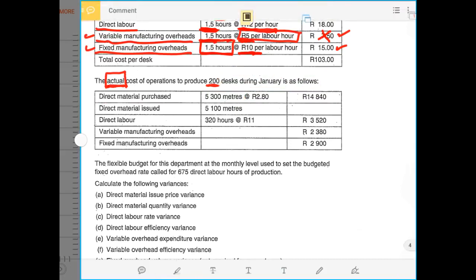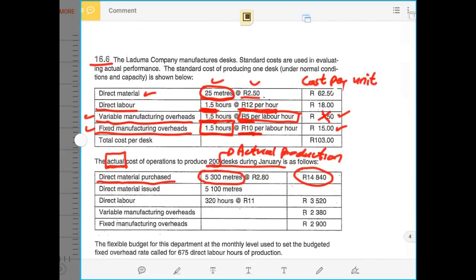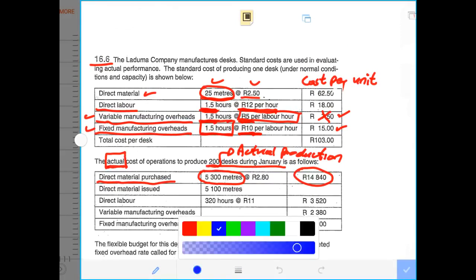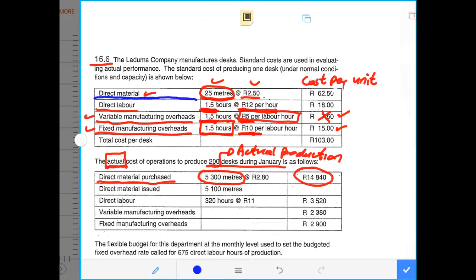So now we can do the comparison at this point in time, where we had our standard material price per meter, which was 2 Rand 50 cents, based on the budgeted information. But when the company went to buy material, it was no longer as they estimated, or as it used to be on standard or budget.